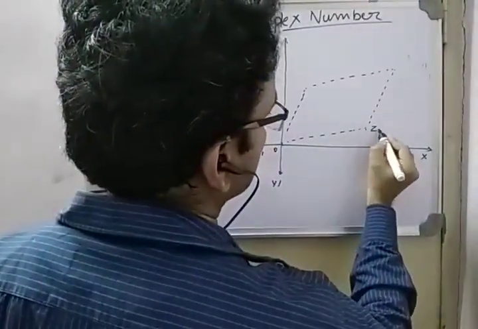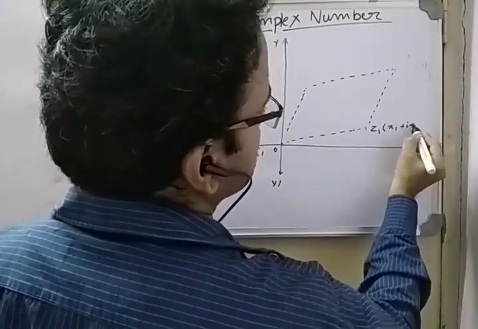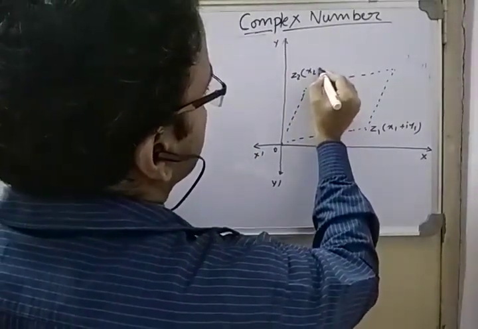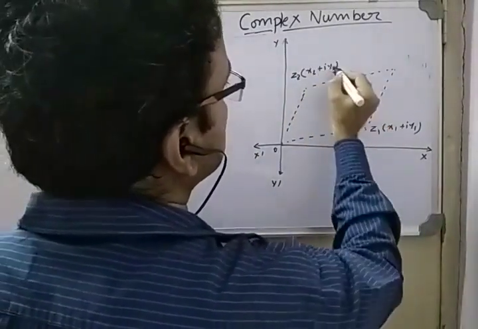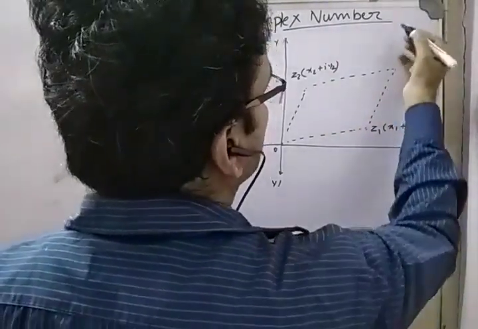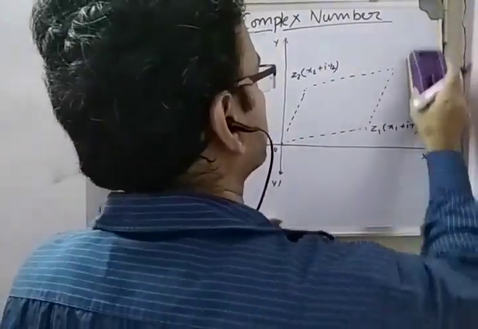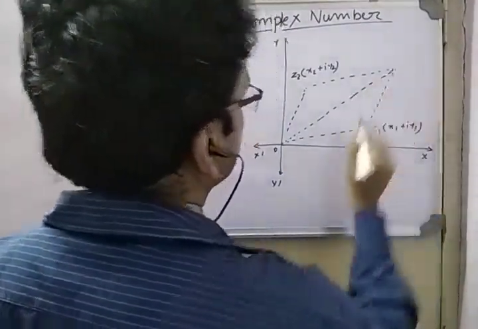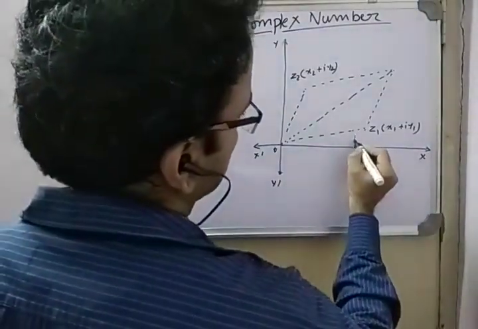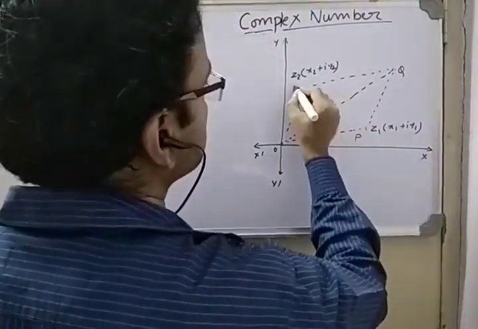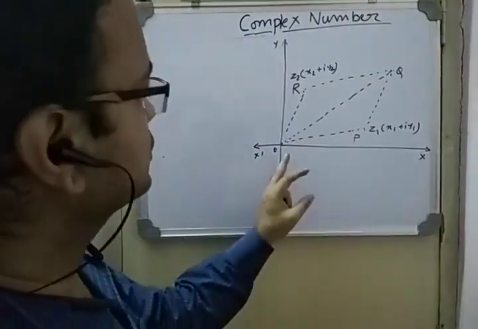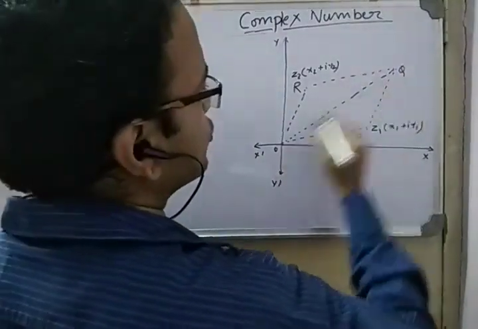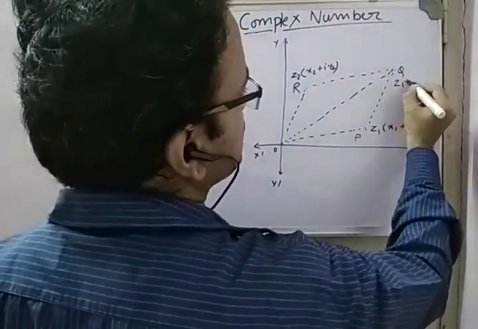If this is z1, x1 plus iy1 is the point, and if this is z2, represented by x2 plus iy2, then if you complete a parallelogram with sides OP and OR, suppose we name this P, this Q, this R, then OQ will represent z1 plus z2.